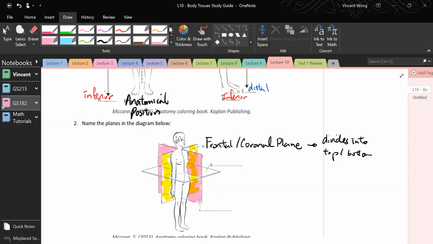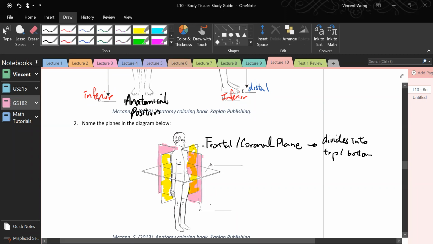So this is sagittal. Sagittal plane divides into left and right.